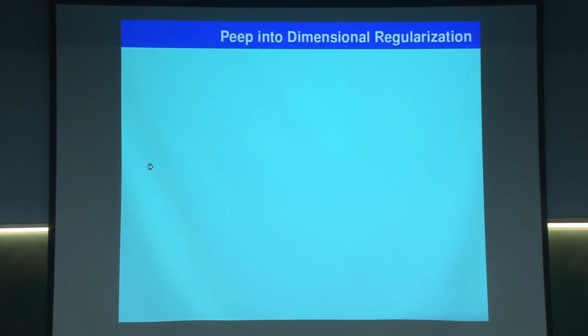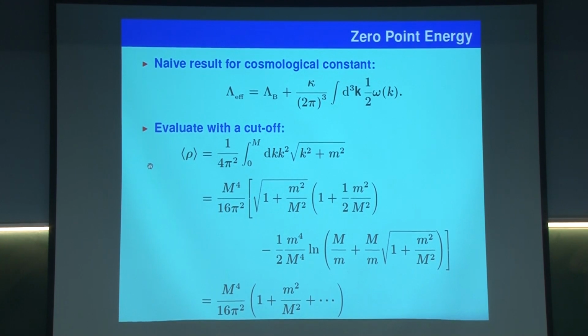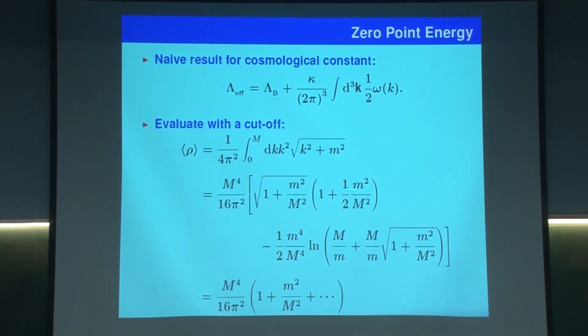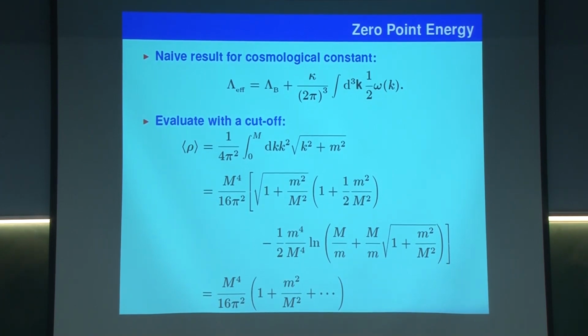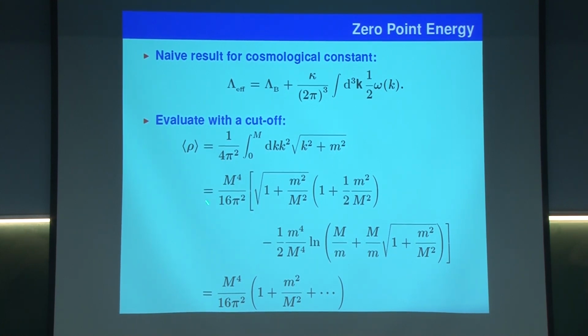Okay. So, before I go to that, there is an interesting observation about it. Suppose you just throw away these terms which go as power laws in M, there is some logarithmic term here. Okay? So, suppose you ignore this and you just pick the logarithmic term, then what you find is that this M⁴ and M⁴ cancels.